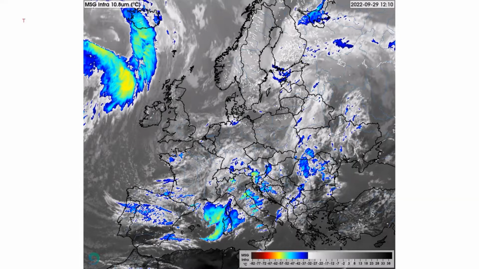So, for example, this cloud top was less than about minus 55 Celsius, and it was an extensive cloud zone with less than minus 55 Celsius.